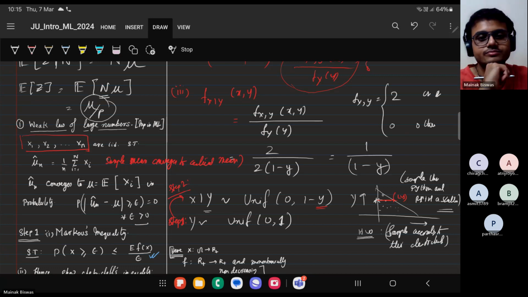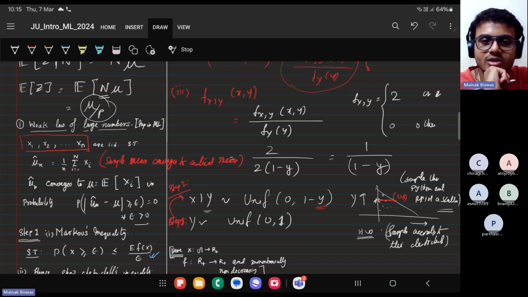Yes or no? Any doubts? Sample mean converges to the actual mean.